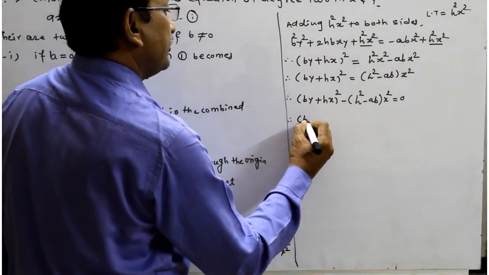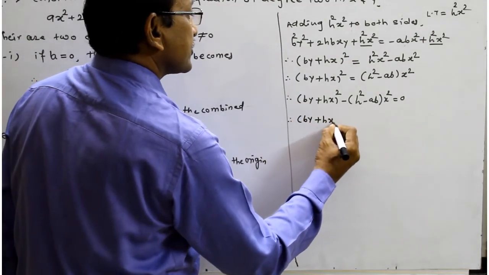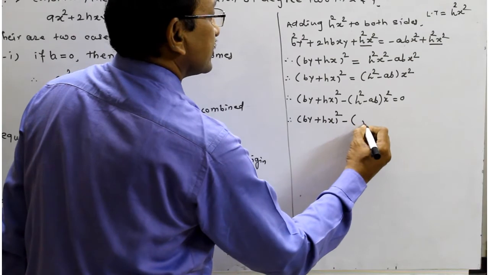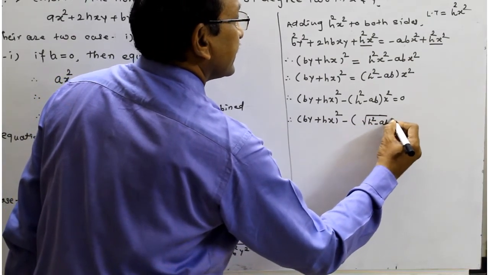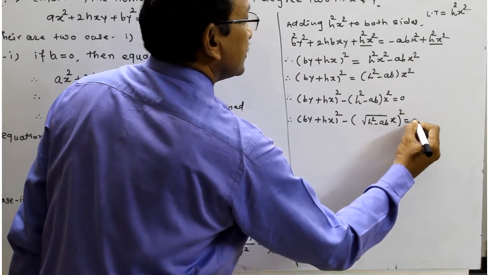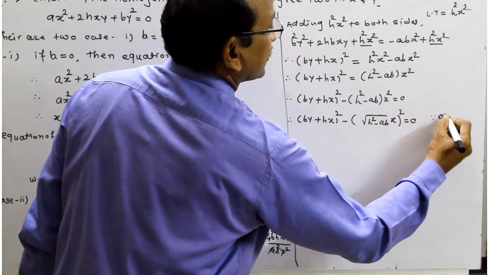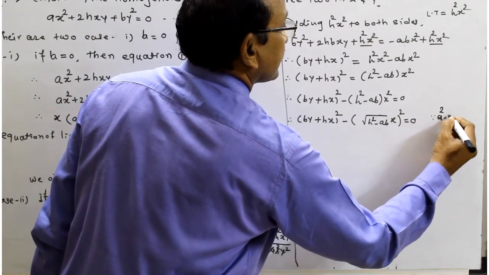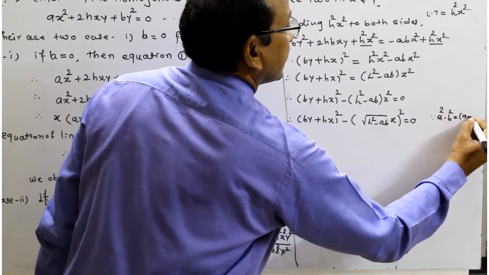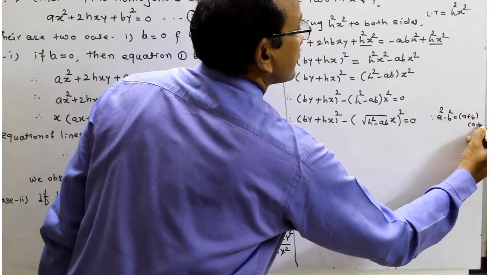So by plus hx square minus root of h square minus ab x the whole square is equals to 0. And so we know that factors of a square minus b square is a plus b, a minus b here.